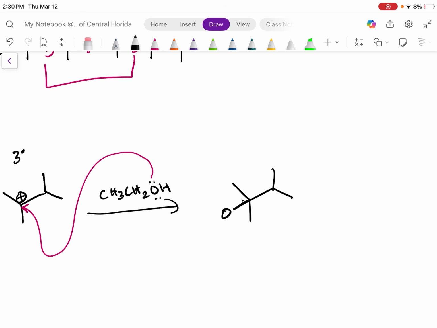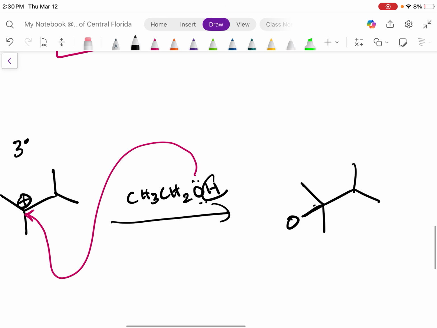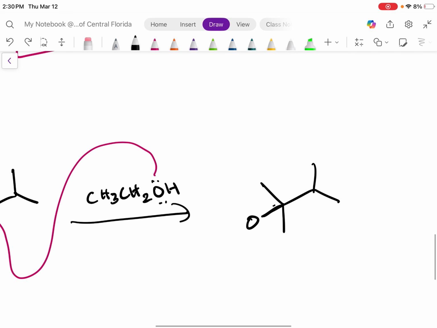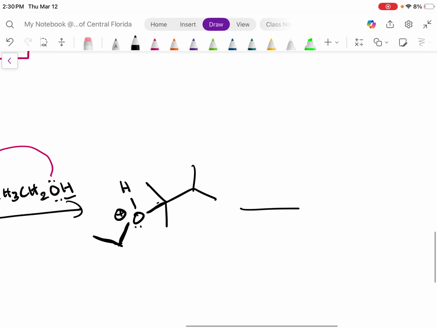Now, looking at the red arrows, did the hydrogen fall off? No. Did any of that fall off? No. So it comes along for the ride. We still have CH2. I'm going to draw it like this with skeletal structures just to keep it nicer. But the hydrogen's still there, so we have to keep it there. So now we have a protonated alcohol.